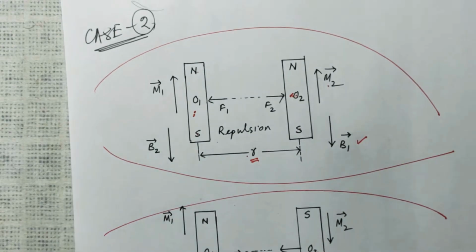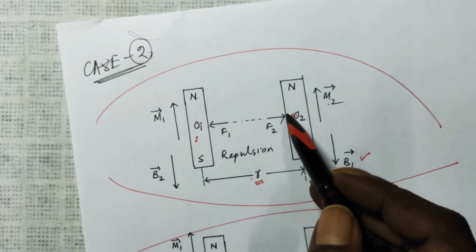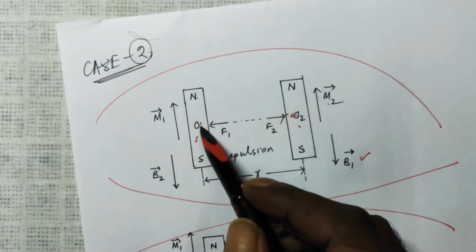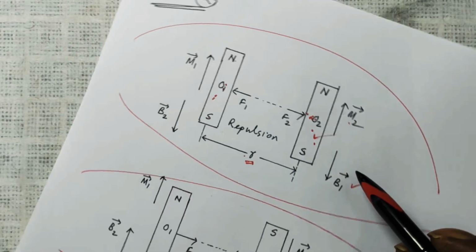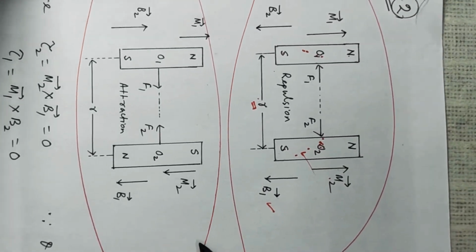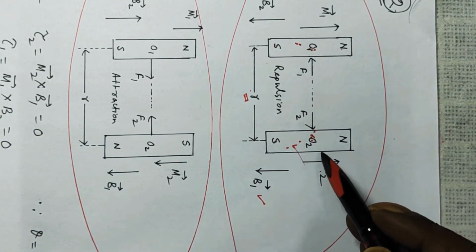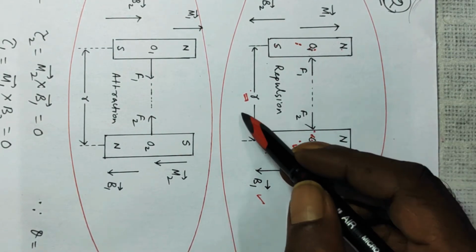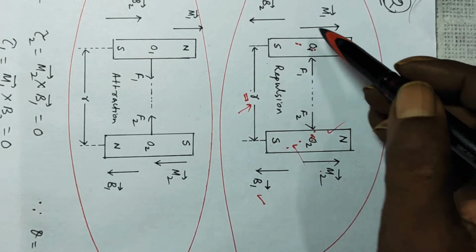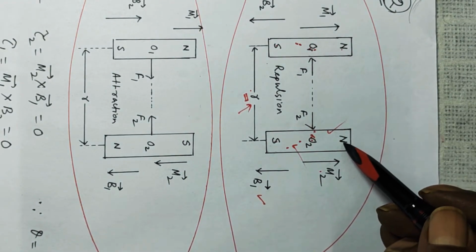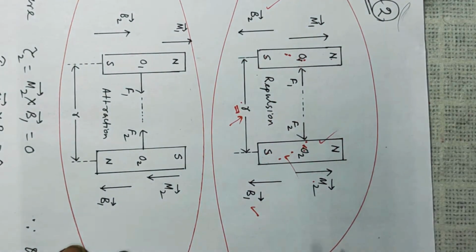Similarly, the point O1, which is at a distance r from this magnet, is on the equatorial line of this magnet. So, due to this magnet at point O1, the magnetic field will be directed from north to south. That is shown here, from north to south, B2.